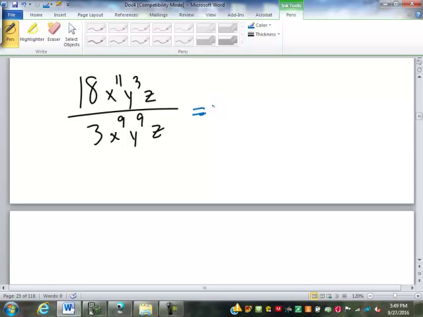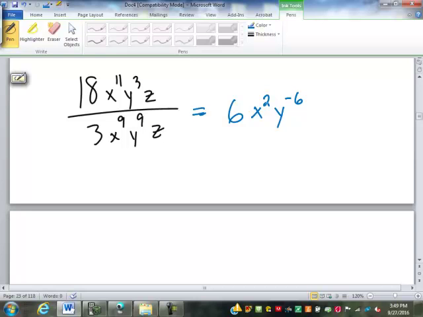What? 18 divided by 3 is what? 6. How about the x's? 11 minus 9 is 2, so x squared. How about y? 3 minus 9 is negative 6.